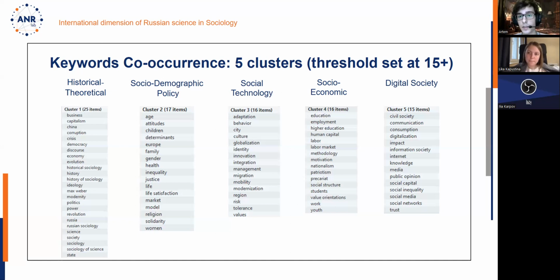The first one, also the most numerous, we thought that it would be proper to name it historical theoretical, because it both concerns the grand topics of classical socio-philosophical or socio-political aspects, and they are discussed at the core of the sociological discipline.